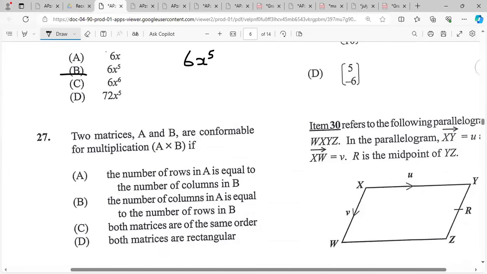Two matrices A and B are comparable for multiplication A times B if the number of columns in A is equal to the number of rows in B, or both matrices are the same order. Two matrices are rectangular. Is either A or B? Let me look at it.